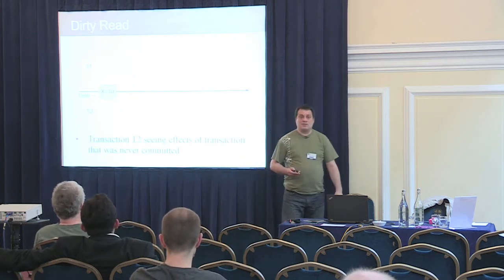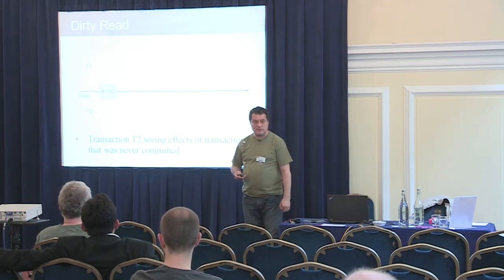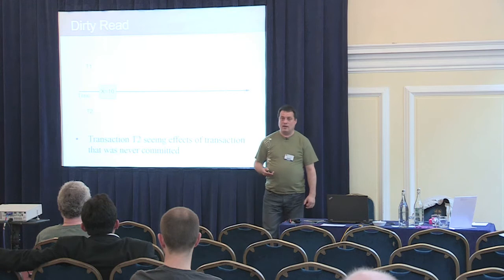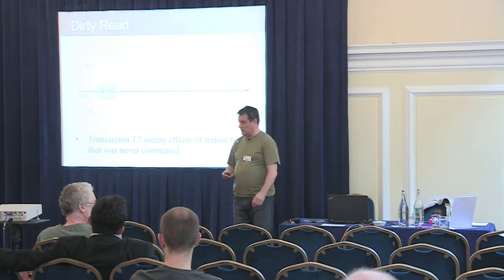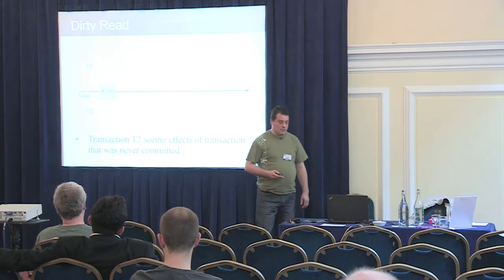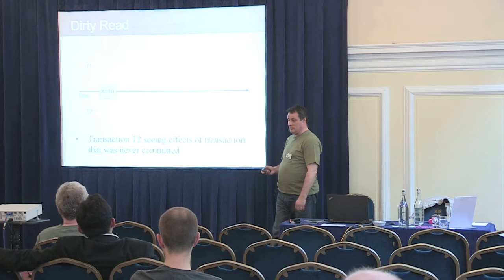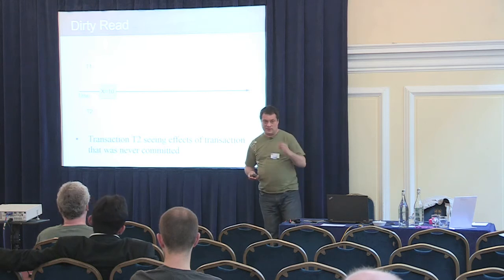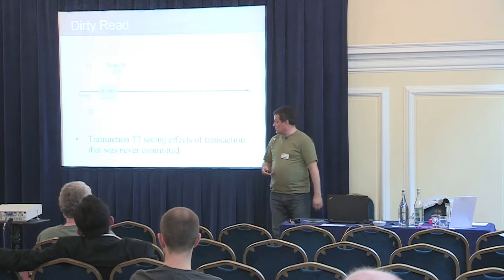Now, the next problem is already allowed for relational database management systems. Still, it might be pretty bad for line of business applications. So the next problem is the so-called dirty read. We have again the same starting point. We have two transactions, a timeline, and the initial state, x equals 10.